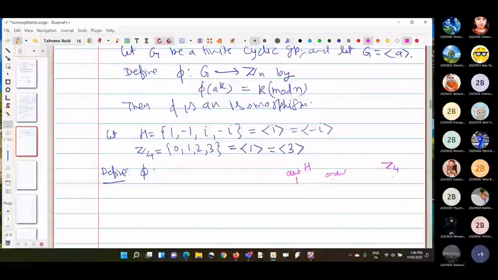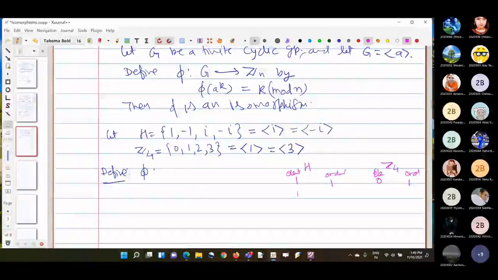Identity का order कितना होता है? 1. So here element 0 and order 1. ठीक.